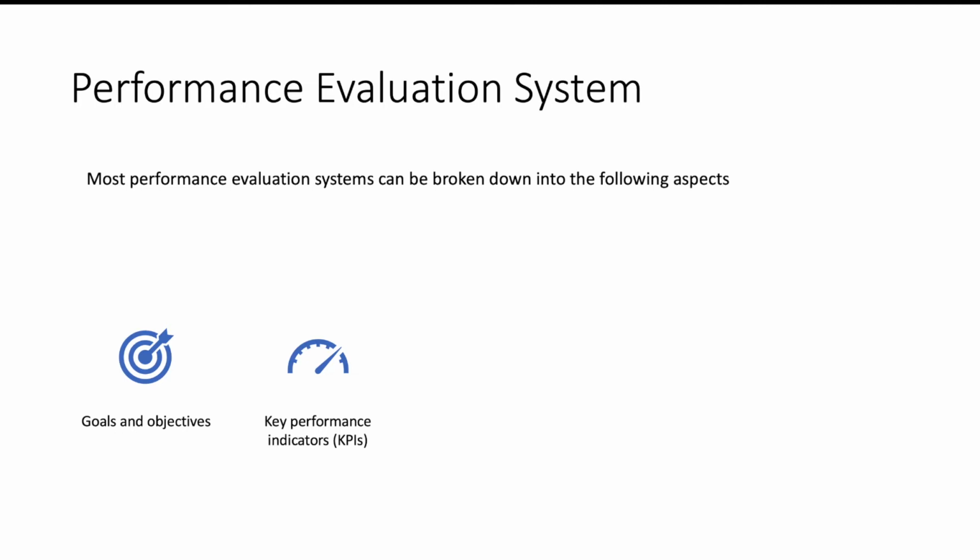It's the key performance indicators, which tell him or her that yes, you are on the right track. And the targets. Any objective or goal is split into small targets.